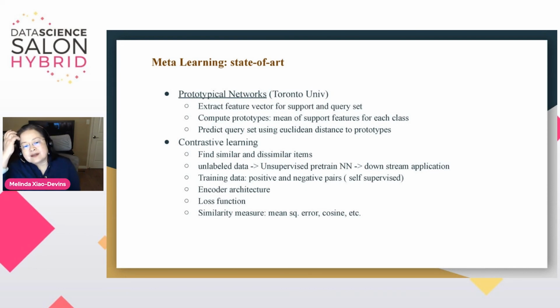There are also other networks, and many papers being published in the contrastive learning field. Contrastive learning, again, is also a neural network tool targeting to find the similarity and dissimilarity of items. It uses another aspect, self-supervised learning, meaning they construct positive and negative pairs.